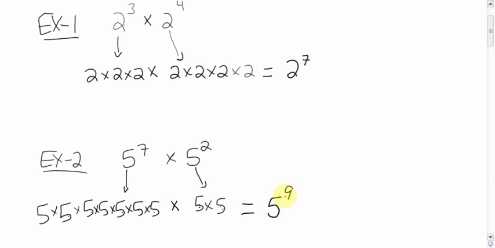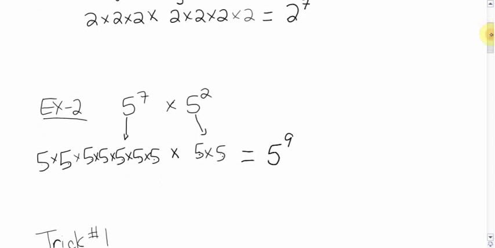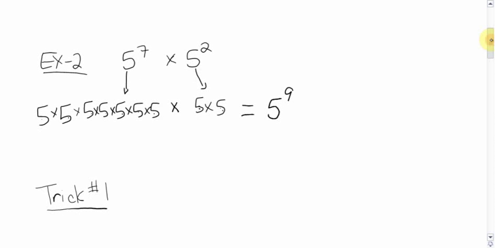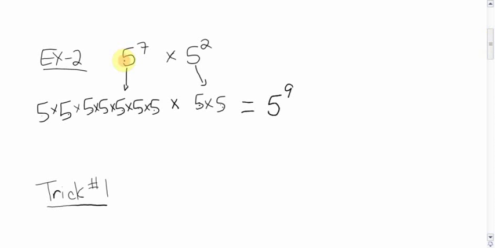Do you see an even shorter cut? Well, if you haven't seen it yet, all you have to do to get this 9 is you add these exponents. 7 plus 2 is 9. Leave the base, it's 5 to the power 9.